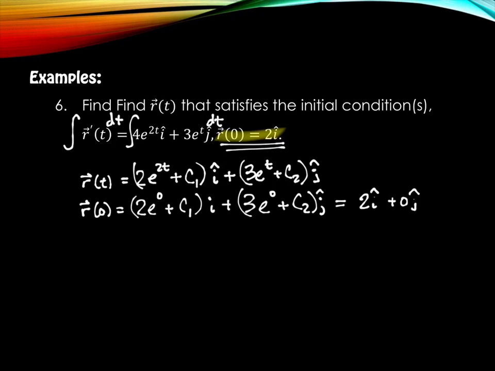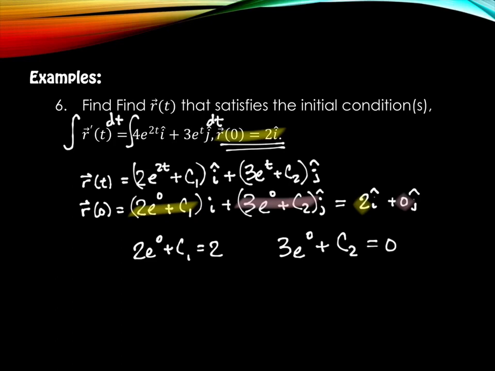What this is telling us is that the first components, the i components, have to be equal. In other words, we have an equation that says 2e to the 0 plus c1 is equal to 2. And the other one says that 3e to the 0 plus c2 must equal 0.